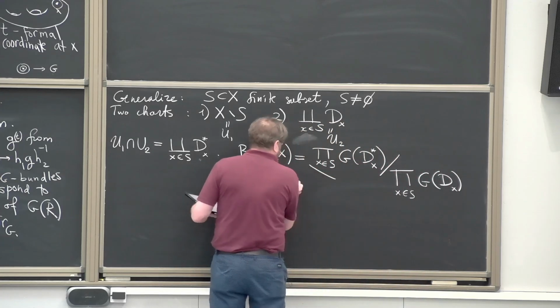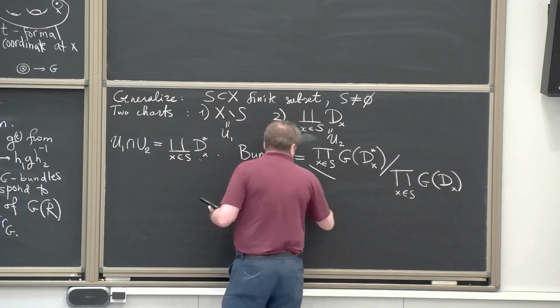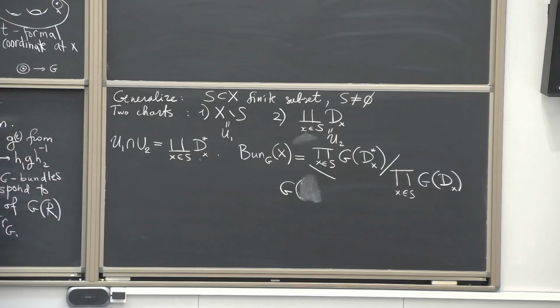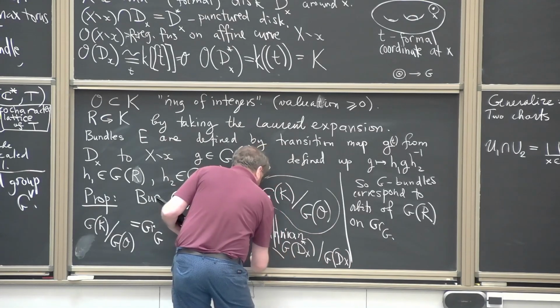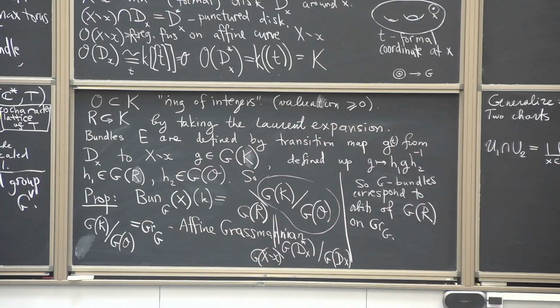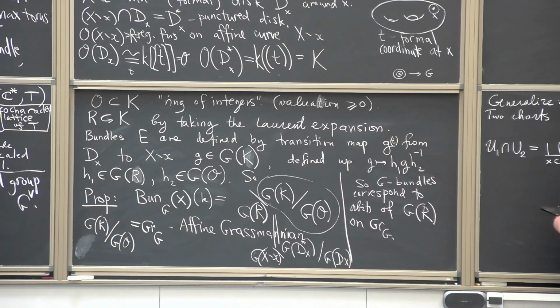And on this side, we will have G of R. I can write it algebraically like that, or I can also write it geometrically: G of D_x star, G of D_x, and G of X minus S. So that's also a valid presentation for any finite subset S.